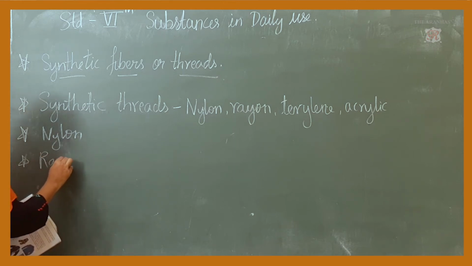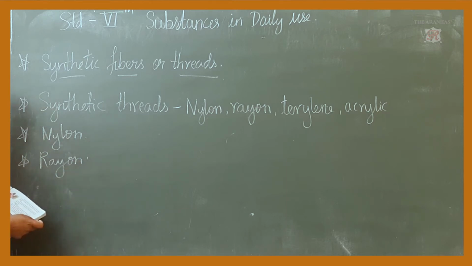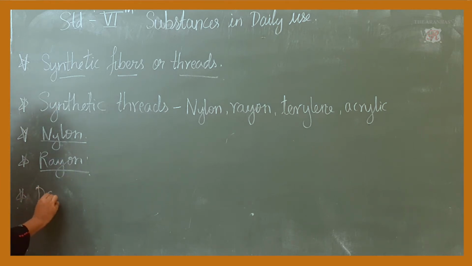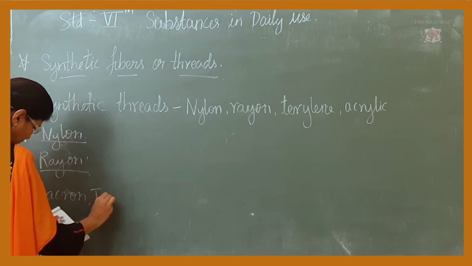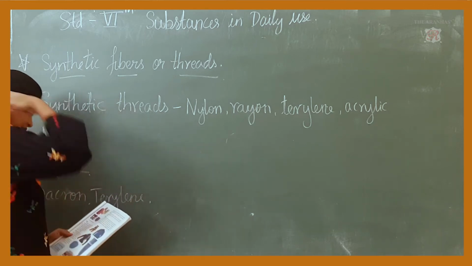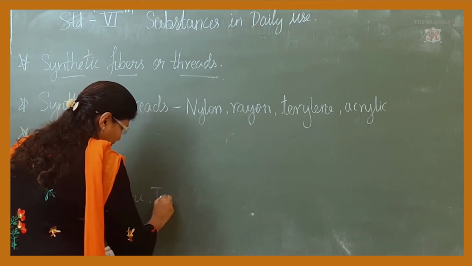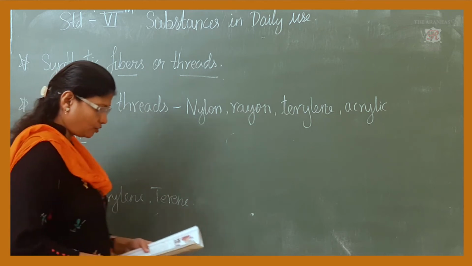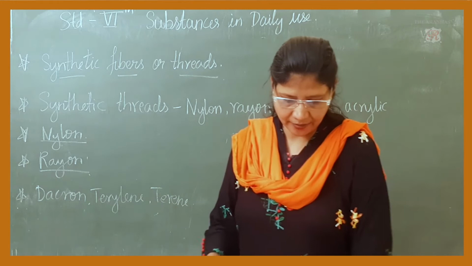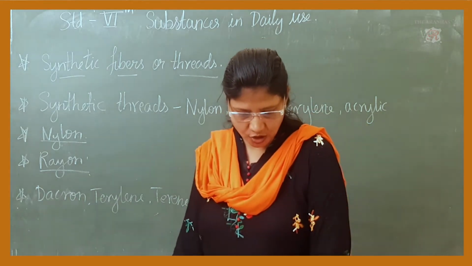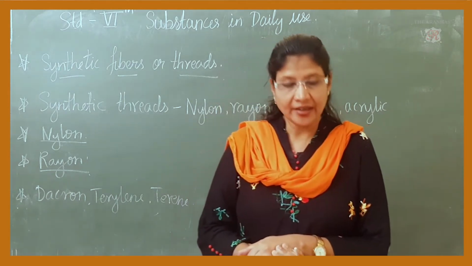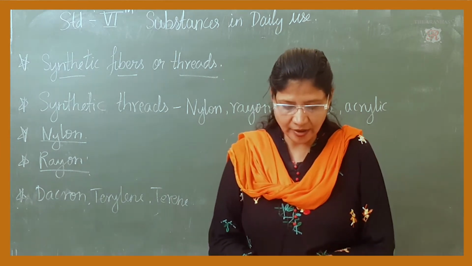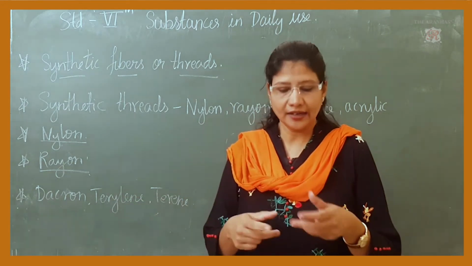Now is rayon. Cotton and wood pulp are dissolved in a chemical called sodium hydroxide to make a solution.